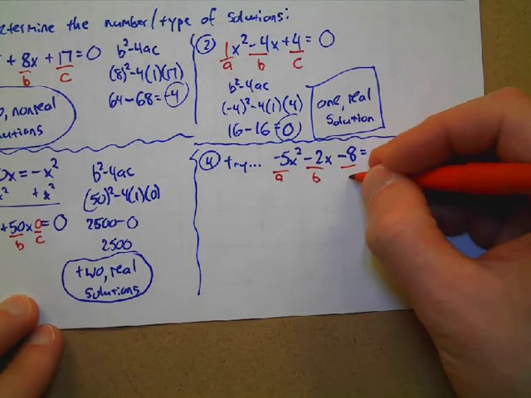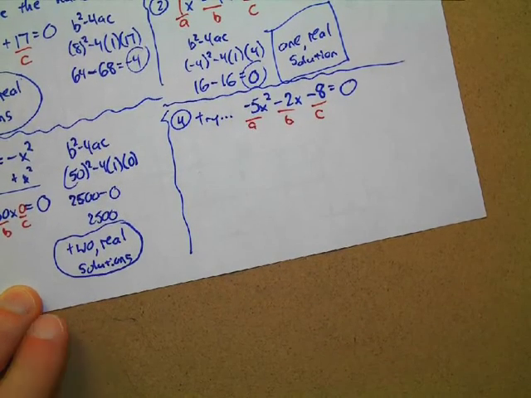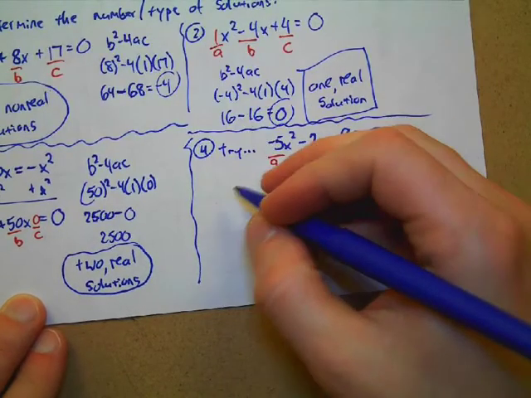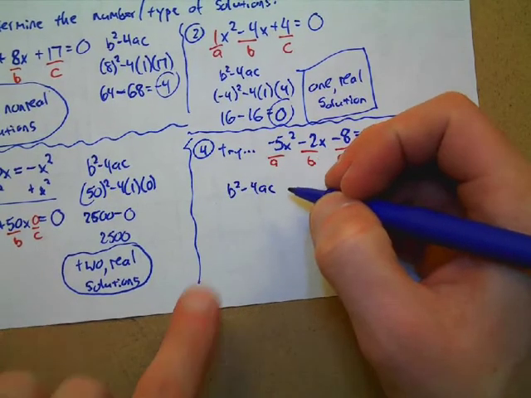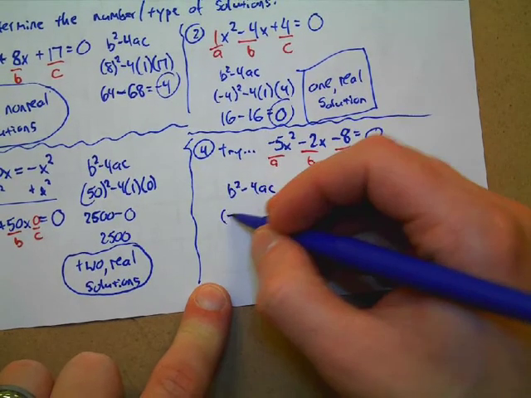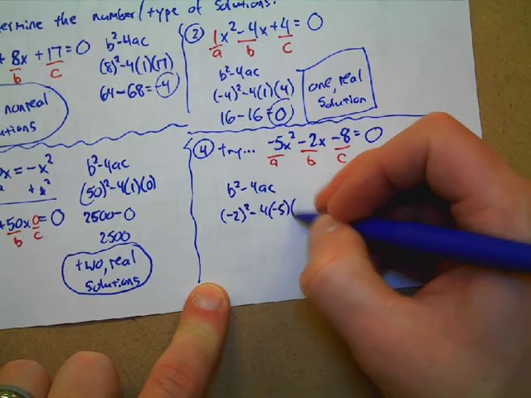Very good. Okay, so we're going to then use our discriminant here, which again is the part underneath the square root in the quadratic formula. So it's b squared minus 4ac. Okay, we'll use John's numbers there. -2 squared minus 4 times -5 times the c of -8.